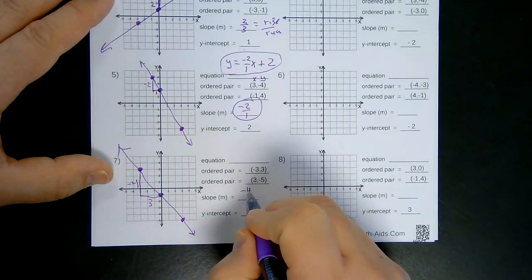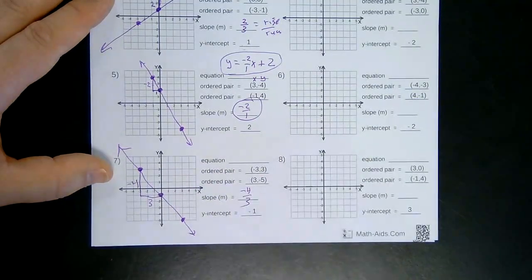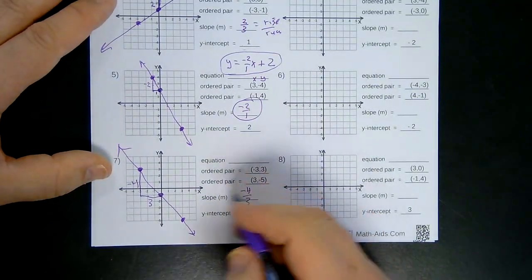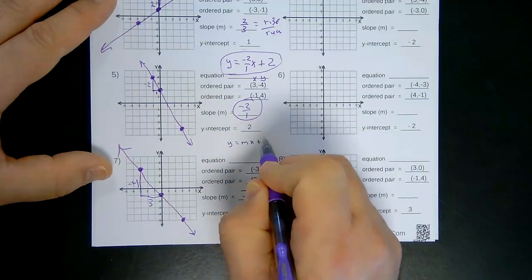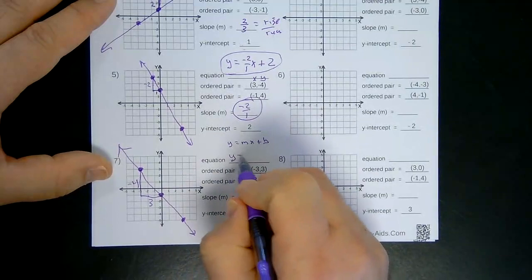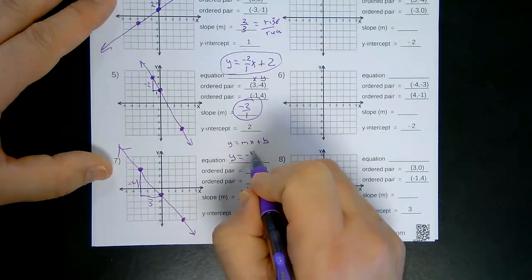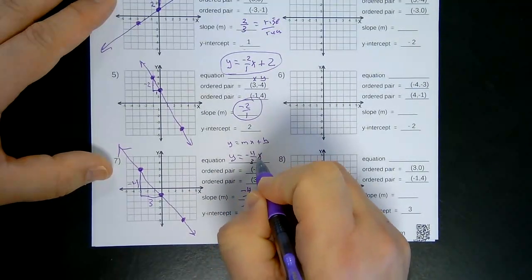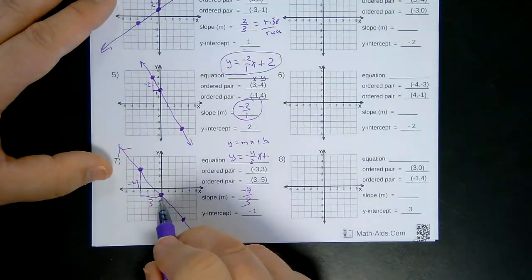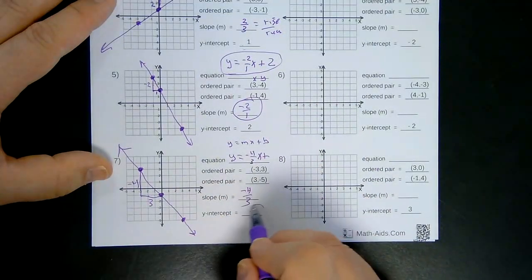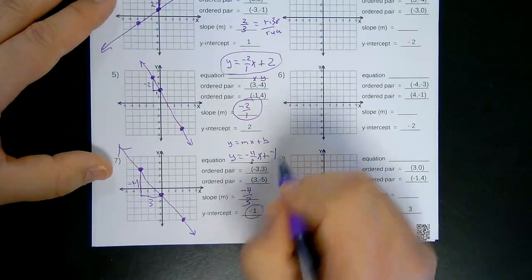So my slope is negative 4 over 3. And now I can write my equation up here again. Y equals mx plus b form. So y equals my slope, negative 4 over 3, bring the x along, plus my y-intercept. In this case it is negative 1, they tell me.